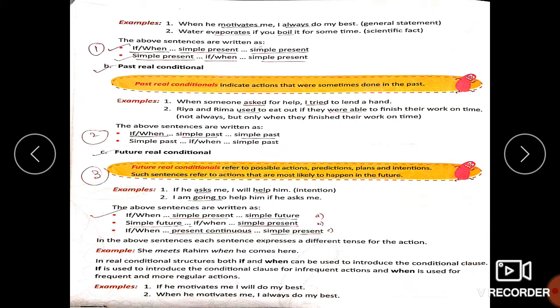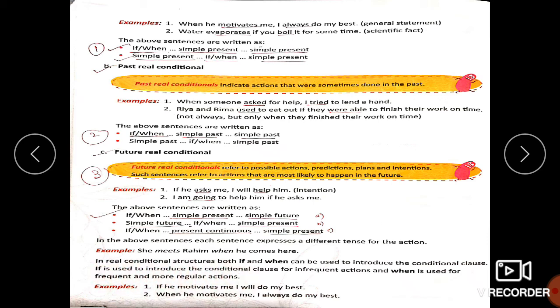Let's take these examples given here, children. She meets Rahim when he comes here. So she meets, simple present; when he comes here, simple present. Both are expressed in the simple present. In real conditional structures, both if and when can be used to introduce the conditional clause. If is used to introduce the conditional clause for infrequent actions, and when is used for frequent and more regular actions.